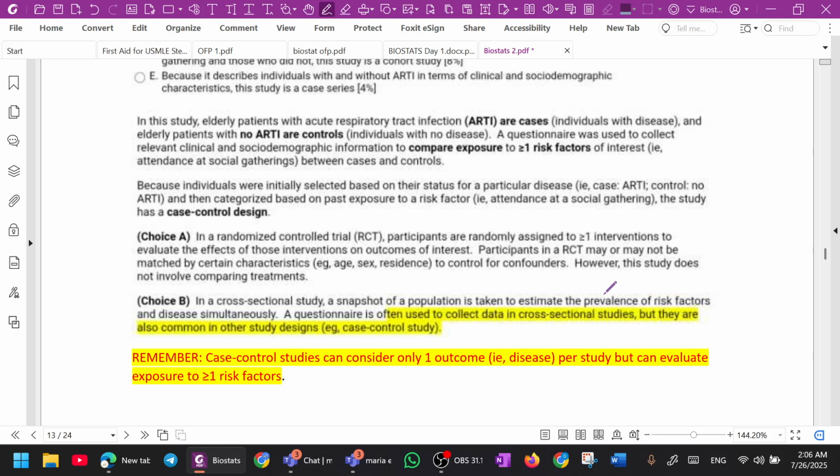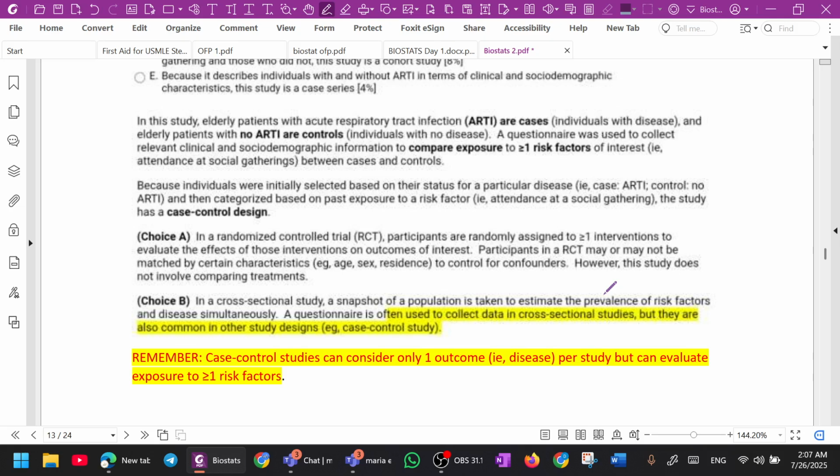A questionnaire was used to collect the relevant clinical and socio-demographic information to compare the exposure to one or more than one increased risk factor of interest, that is attendance at social gathering, because individuals were initially selected based on their status for a particular disease, case acute respiratory tract infection, control no acute respiratory tract infection, then categorized based on the past exposure to a risk factor, attendance at a social gathering. The study is case control design.